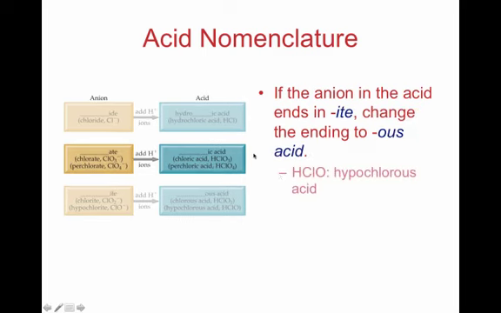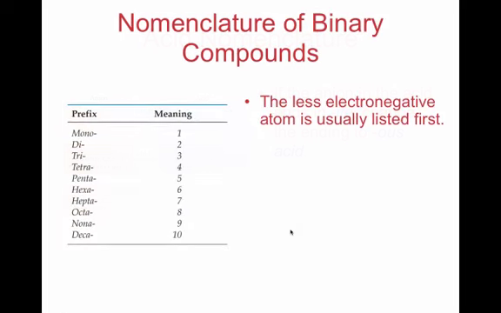If the polyatomic anion ends in ITE, we're going to change that ending to OUS. So in hypochlorous acid, or the hypochlorite anion, the ITE becomes OUS. And in the chlorite anion, chlorite becomes chlorous. And since it's an acid, we know it's an acid because it starts with hydrogen and ends in acid.